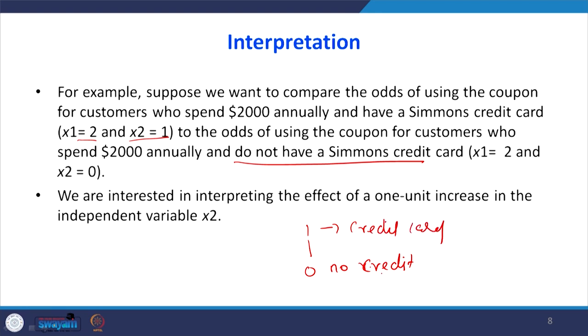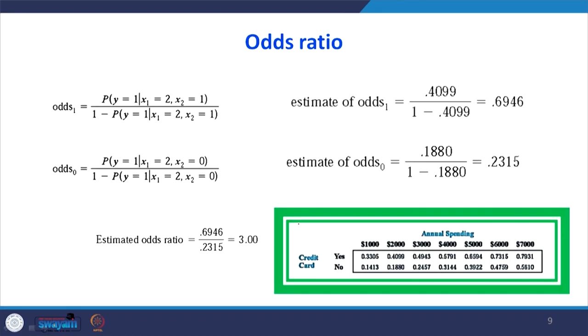Okay. So, what is the impact of this one on the estimated value of y? First we will see odds 1. Odds 1 is a person having the credit card. So, P of y equal to 1, X1 equal to 2, spending is $2,000, X2 equal to 1, having the credit card, this is the numerator.